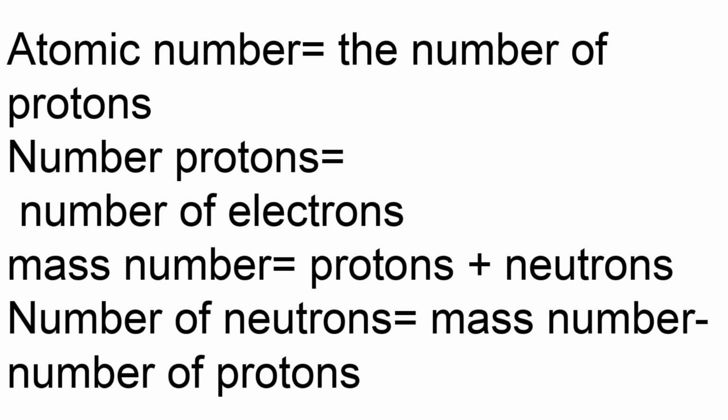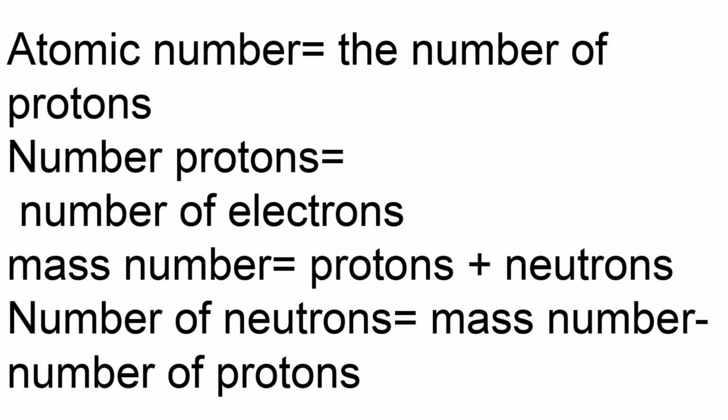For example, carbon's mass number is 12 and atomic number is 6. So atomic number is equal to the number of protons, which is 6. Number of electrons is equal to 6 because we said electrons are always equal to protons.